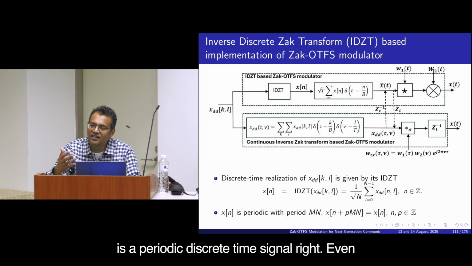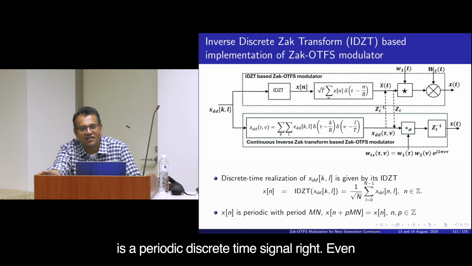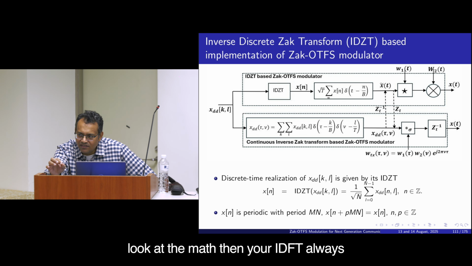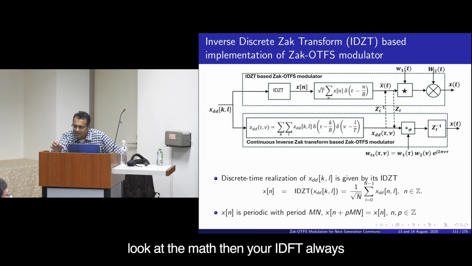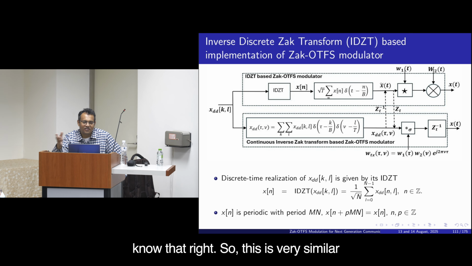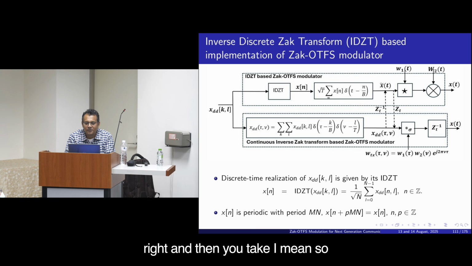It's a periodic discrete time signal, right? Even in case of OFDM, if you really look at the math, then your IDFT always gives you a discrete time signal which is periodic. You can test that, you know that, right? So this is very similar.